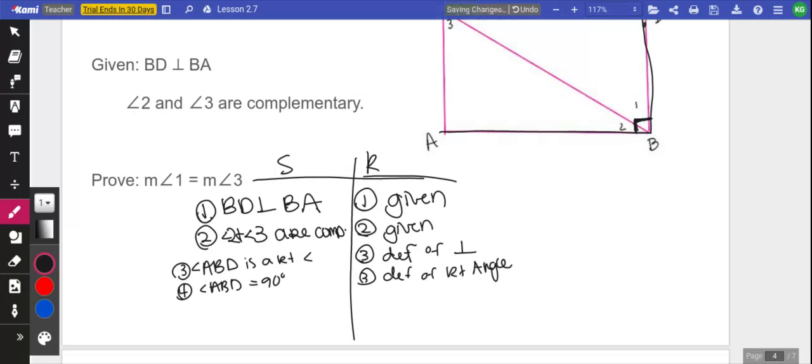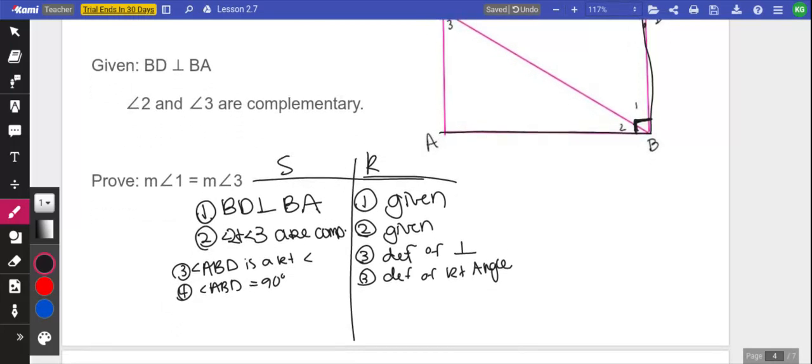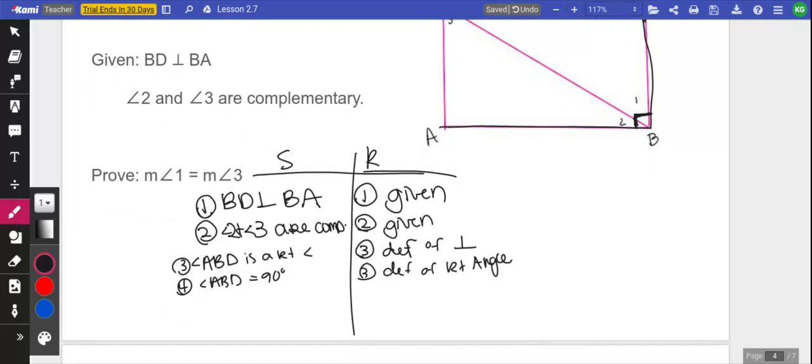Okay, now it's telling me that angle 2 and angle 3 are complementary. Well, actually, I'm going to keep working with this ABD. So now I know that angle 2 plus angle 1 equals 90. Actually, I need to back up.